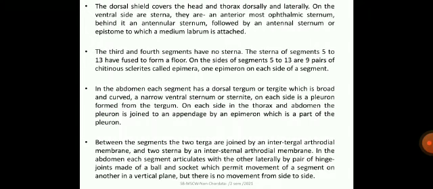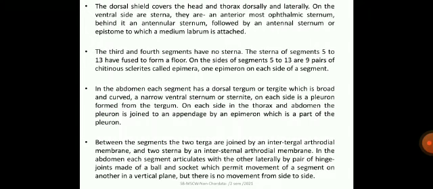The third and fourth segments have no sterna. The sterna of segments 5 to 13 have fused to form a floor. On the sides of segments 5 to 13 are 9 pairs of chitinous sclerites called epimera, one epimeron on each side of a segment.